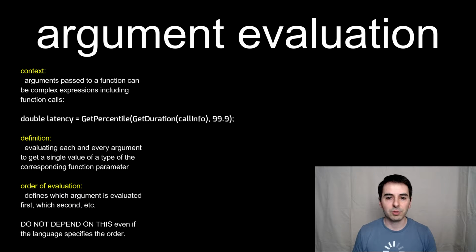So the first parameter from left will be evaluated, or the result of that expression will be calculated. Then the second one from the left, and then the rightmost one. So some languages might have no specified order, so you cannot really depend on that order.